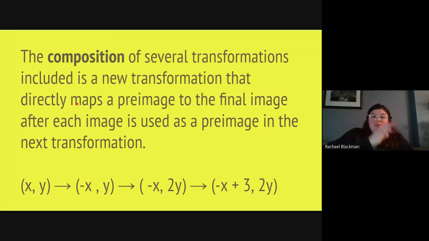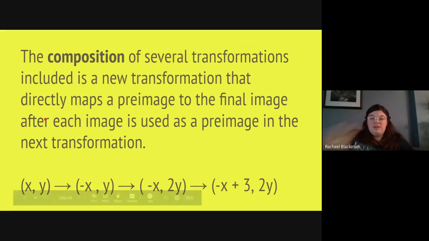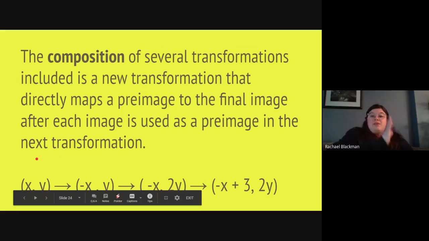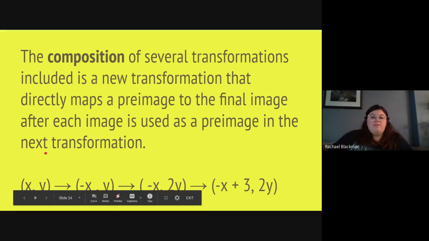So again, we see composition of several transformations. I have an example down here at the bottom. Hopefully that doesn't get in your way too much. First we start off with the point (x, y). That's our pre-image, and then we see these little arrows that show our transformations happening, with the coordinate rules as well. We get a whole bunch of image points after these transformations. We take a point (x, y) and go to (-x, y).